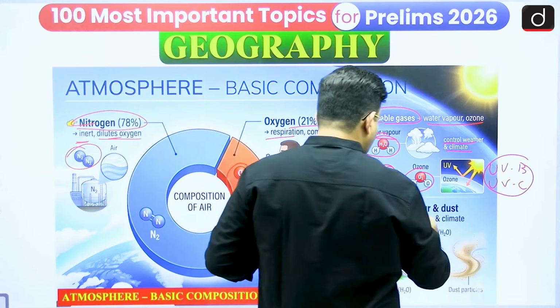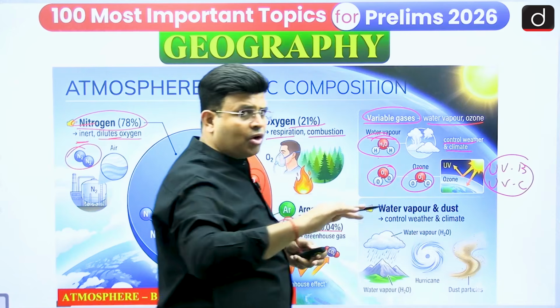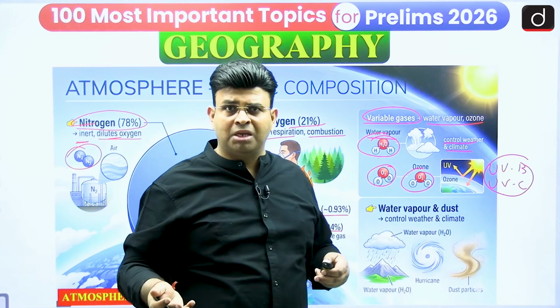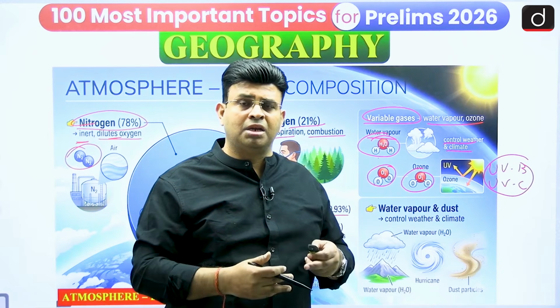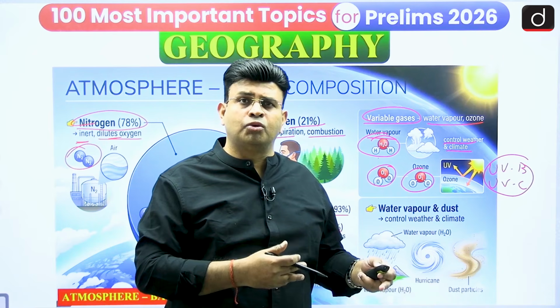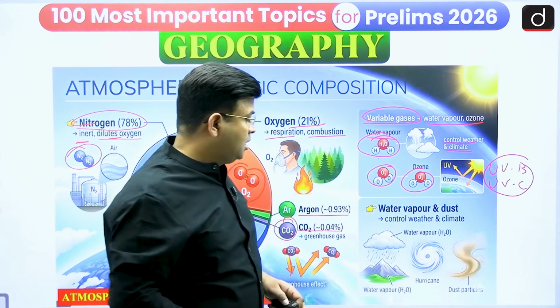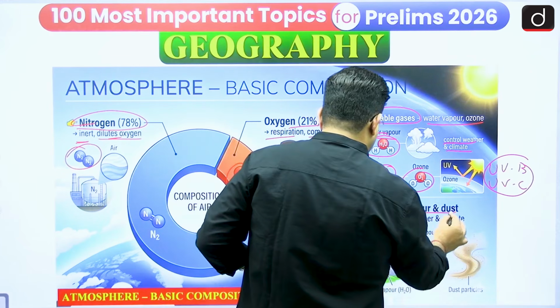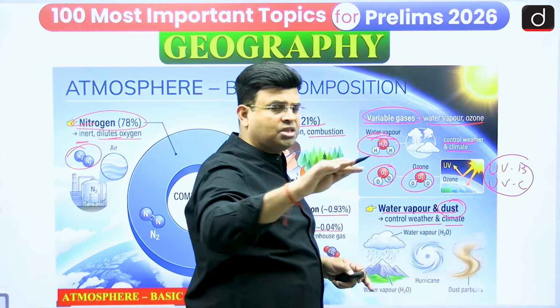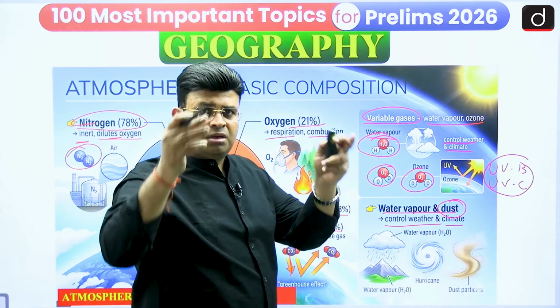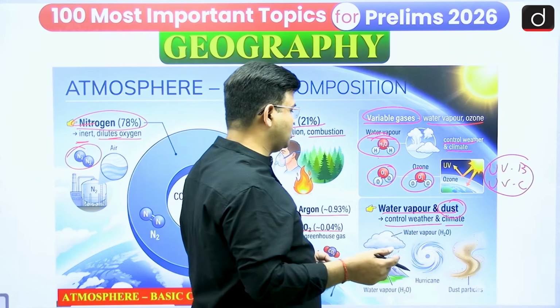But in our lower atmosphere, we are also making ozone through volatile organic compounds and nitrous oxides. That kind of ozone is harmful in the lower atmosphere. So water vapor and dust, if I am talking about controlling weather and climate, dust is there on which clouds condense, and the cloud formation takes place.